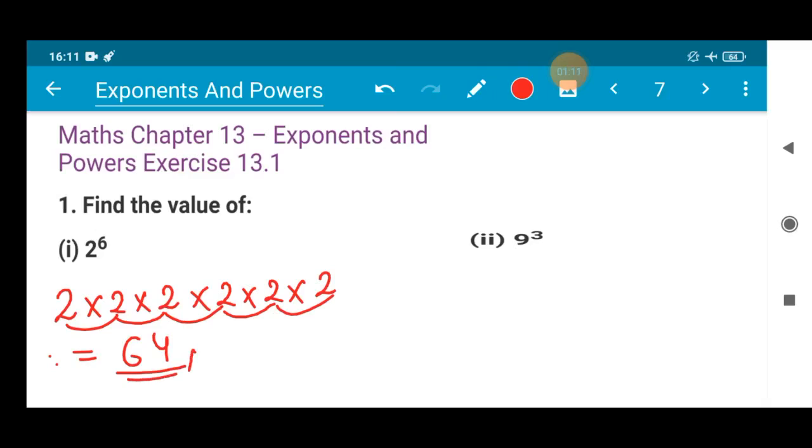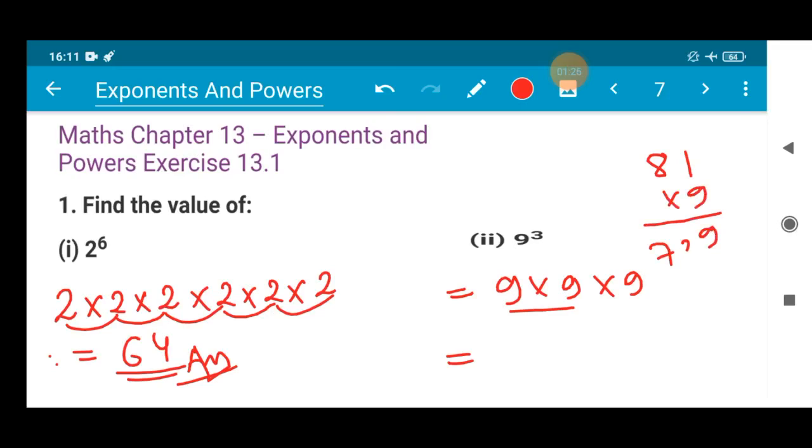So this is the value of 2 to the power 6. Okay, so I hope you people got it. Similarly, 9 cube can be written as 9 into 9 into 9. 9 nines are 81, 81 nines are 729. Yes, 729. Okay, so I hope you people understood.